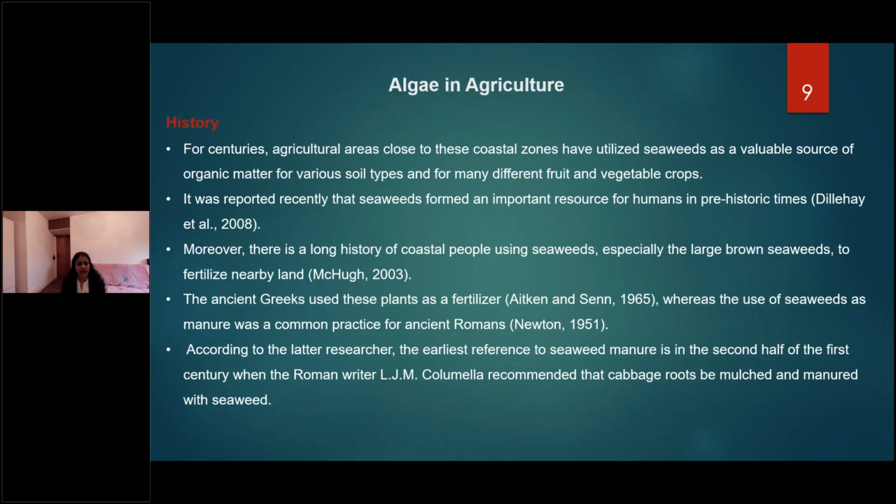The ancient Greeks used these plants as a fertilizer, whereas the use of seaweeds as manure was a common practice for ancient Romans. According to later researchers, the earliest reference to seaweed manure is in the second half of the 1st century, when the Roman writer Columella recommended that cabbage roots be mulched and manured with seaweed.